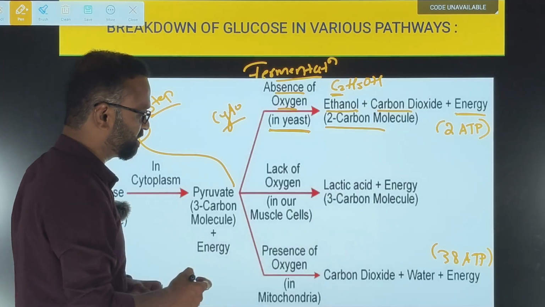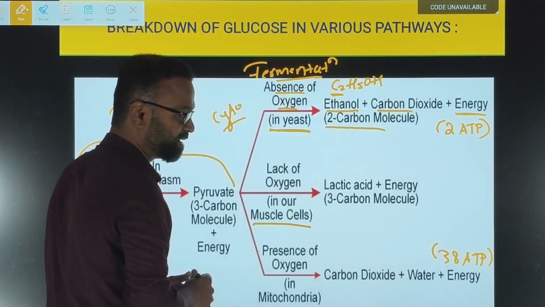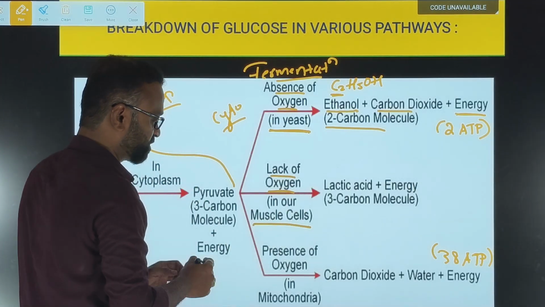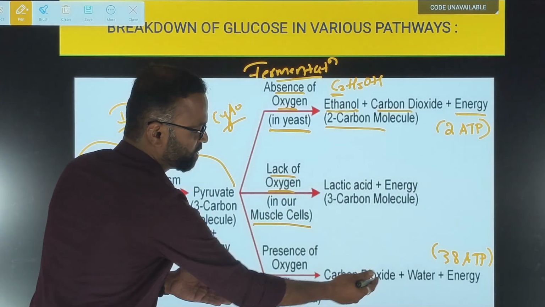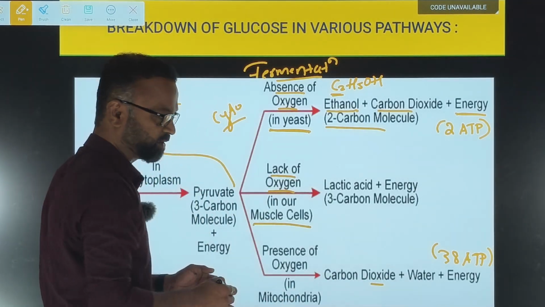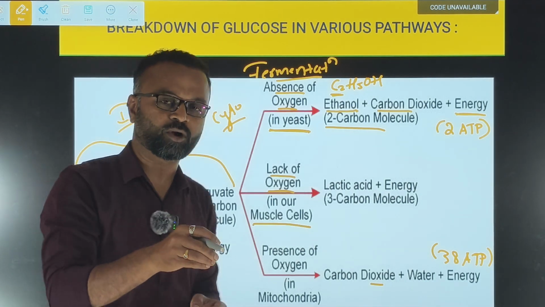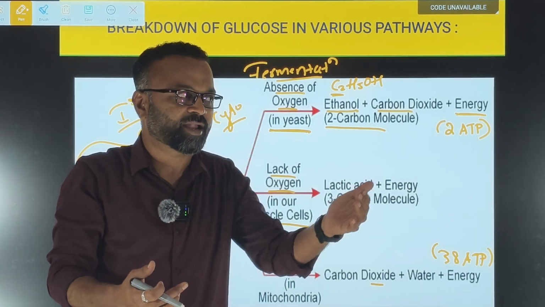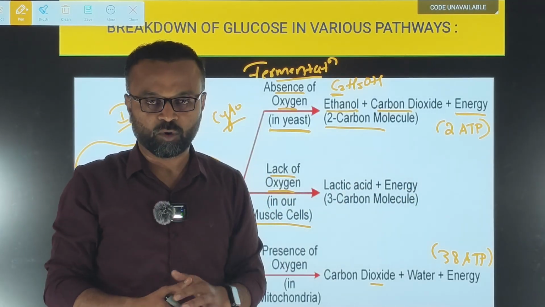Similarly, one more example is taking place in the muscle cells in the lack of oxygen. In the presence of oxygen, it will produce more energy, carbon dioxide and water. But when the oxygen supply is not sufficient, the glucose will not completely break down into carbon dioxide, water and more energy.